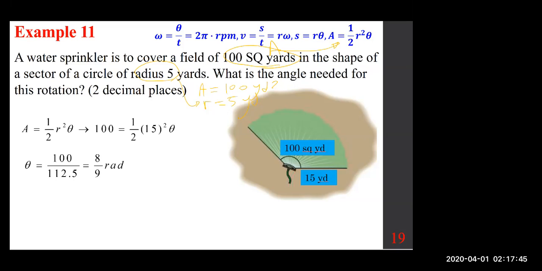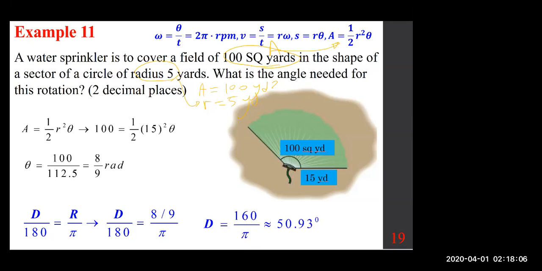And if we want to know it in degrees, remember we use the formula that I mentioned. What is missing is the D. What is R? 8 over 9. Cross product will result in D being 180 times 8 over 9.